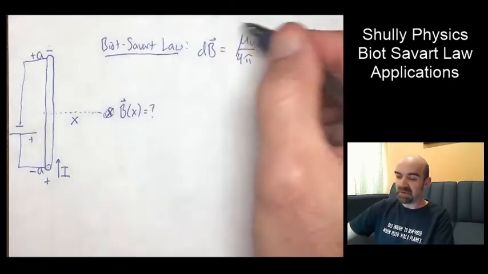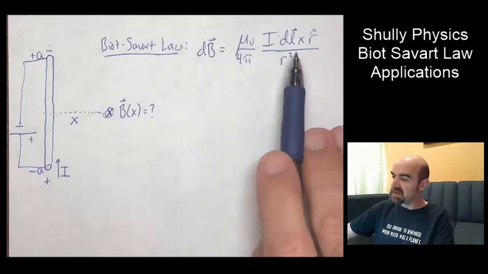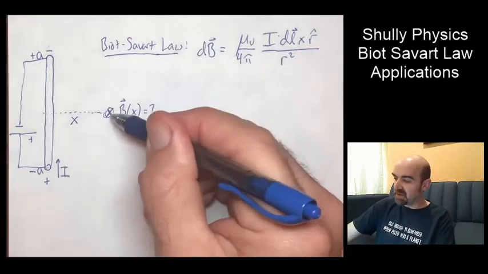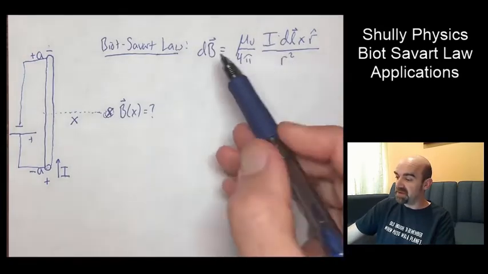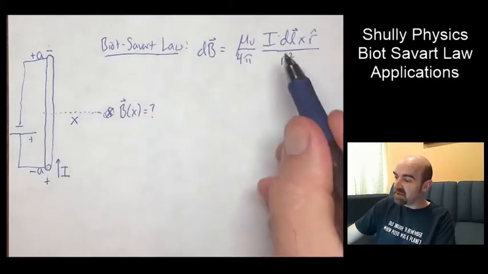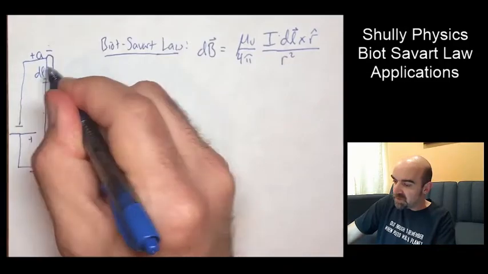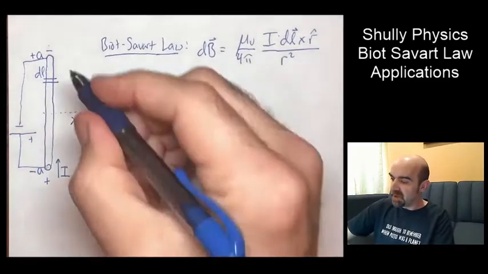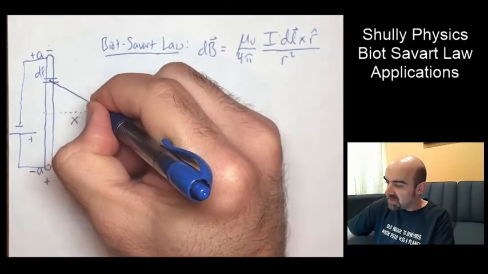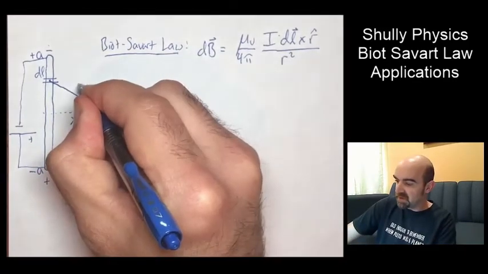So we are going to apply the Biot law. Just talk about a couple of pieces of this. We have the dB is a piece of that result, a piece of the B of X function that results from different segments of this conductor. So if we take a small length of this conductor DL over here, it will have an impact on the magnetic field at this point, and this is the vector R, and that's really important.